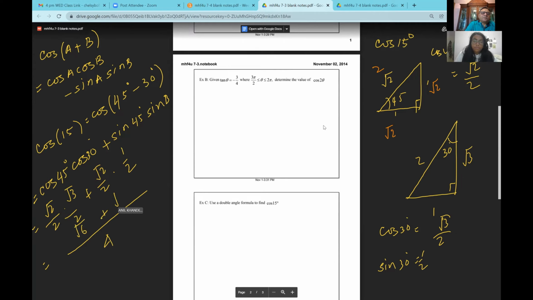Is that okay? So that becomes our answer. In this particular case, we found that the value of cos of 15 degrees, the exact value, is square root 6 plus square root 2 over 4. Is that clear to you?